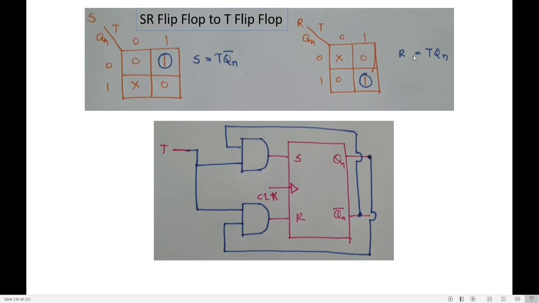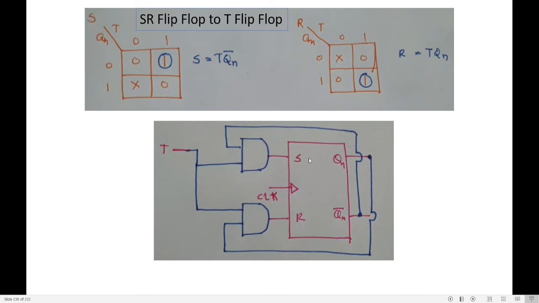Now go to the next one, R. R should be connected to T Qn. T comes as such, Qn comes from here, which is given to an AND gate. The output of this is T Qn, which is given to the input of R.